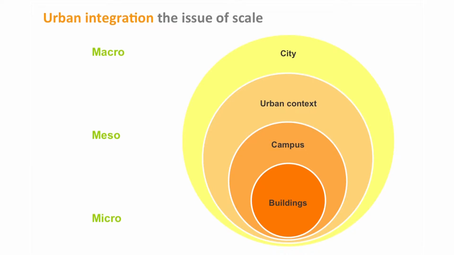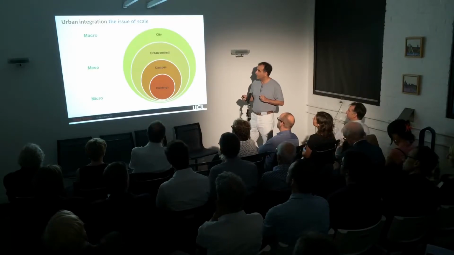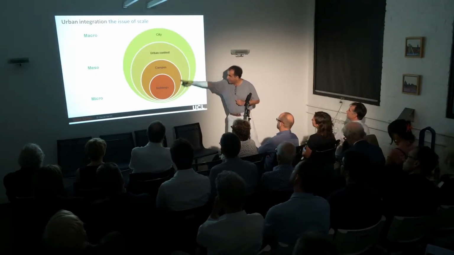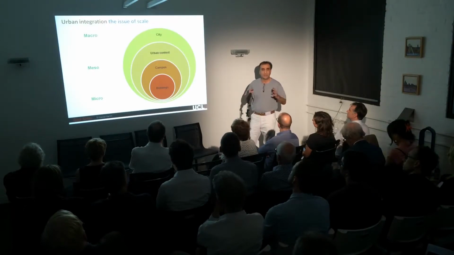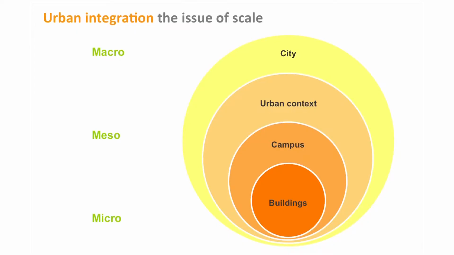So we can look at really small systems like buildings and very large systems, and also see the relationship between them, because what links them is the issue of space and people, and how these things relate to each other through human activity. Now, the campus is probably somewhere between an urban tissue or a district and a city, and we would like to see it as such.